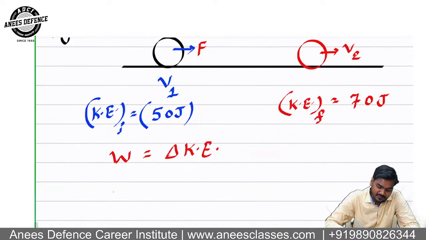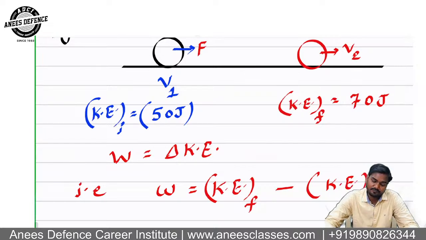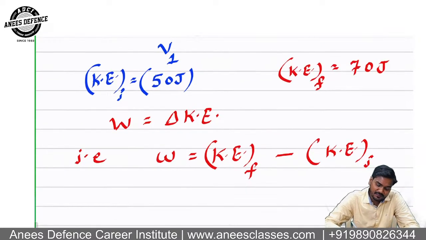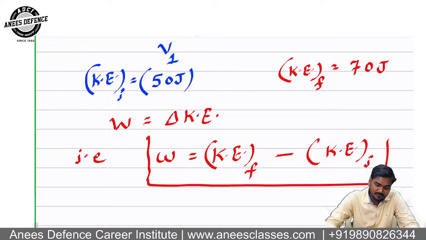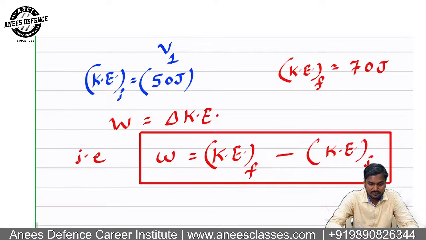Work done is nothing but the change in kinetic energy, that is, work done is equal to kinetic energy final minus kinetic energy initial. You can calculate it as well: final kinetic energy minus initial kinetic energy. So this is the work energy principle: work done is equal to change in kinetic energy.